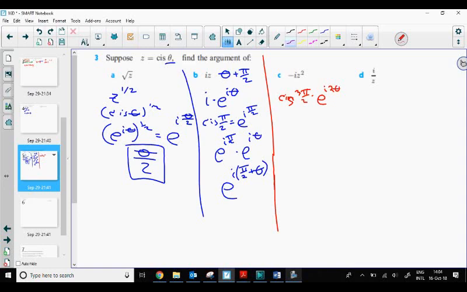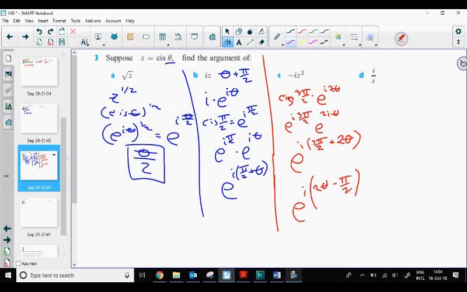Putting these together, we have e to the i 3 pi over 2 times e to the 2i theta. Adding the exponents and factoring out the i, we get 3 pi over 2 plus 2 theta. Another acceptable answer would have been e to the i times 2 theta minus pi over 2.